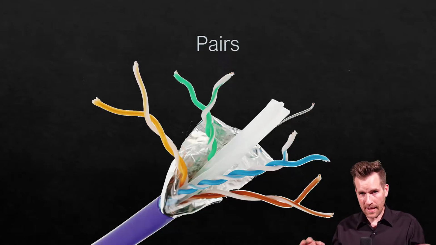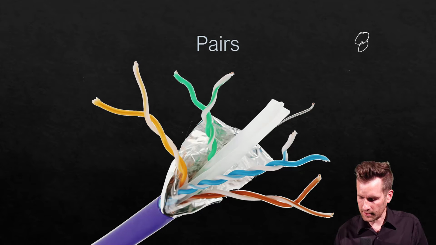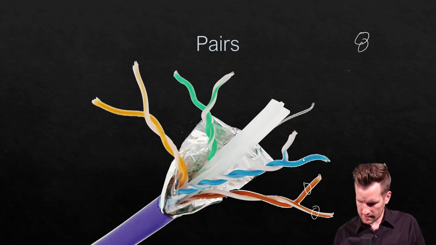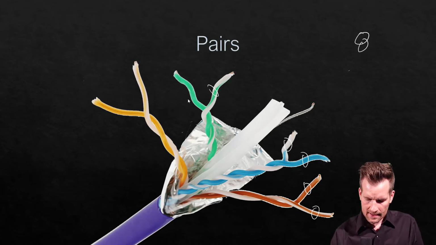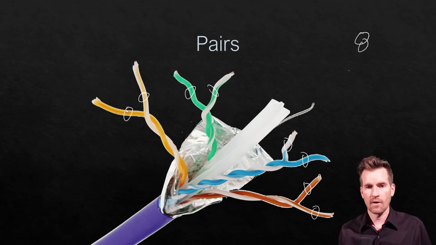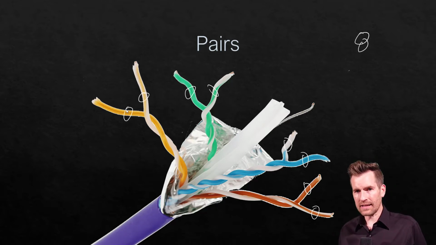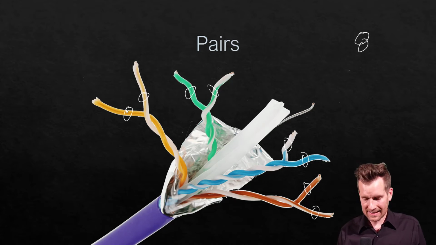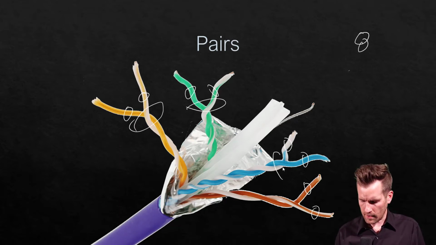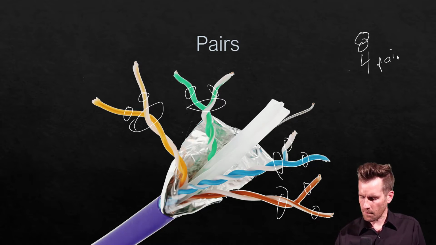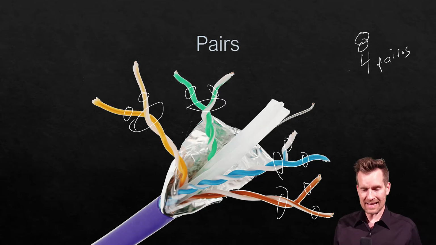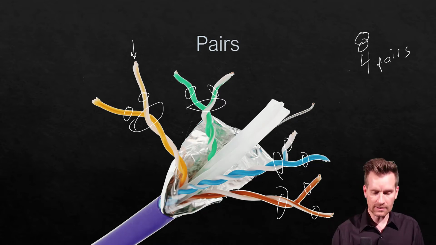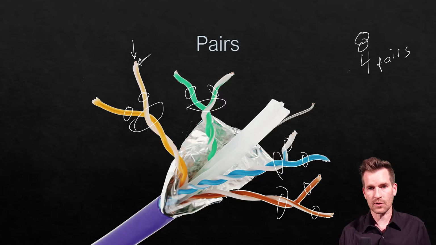All right, let's talk about pairs. Here we have 8 conductors. If I were to circle all of these lines here, these are the 8 different conductors we have for data. We call each of those that are linked together and of a similar color a pair. So we've got the orange pair, the green pair, the blue and the brown. So we've got 8 conductors and 4 pairs. Within each one of those, there is the conductor, and then there is the insulator that protects it.